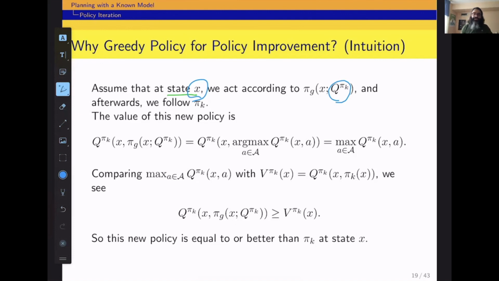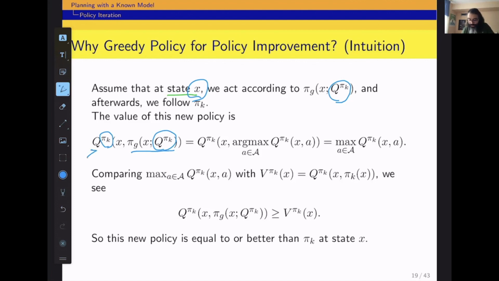So what is the value of this new policy? Remember that we had this action value function, which essentially says: what is the value of selecting action a at the first step, and then afterwards following the policy pi. So this is exactly like the first step, I choose the greedy action with respect to pi k, and then afterwards I follow pi k.